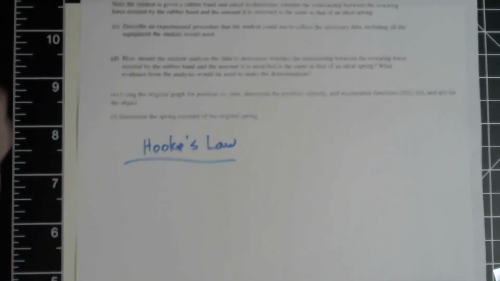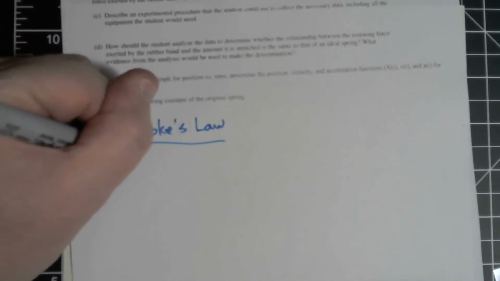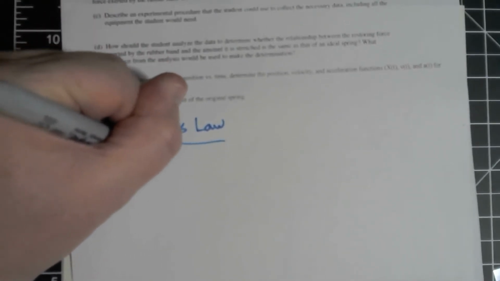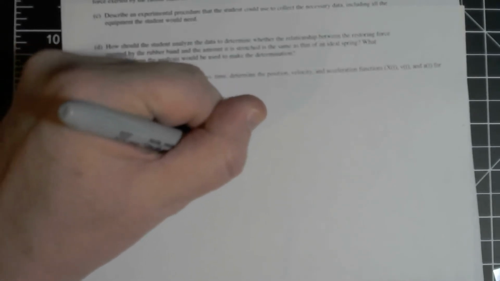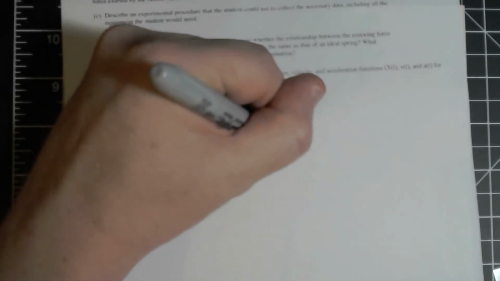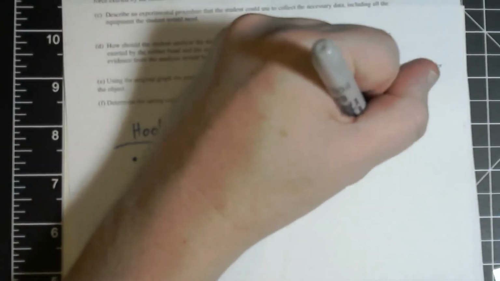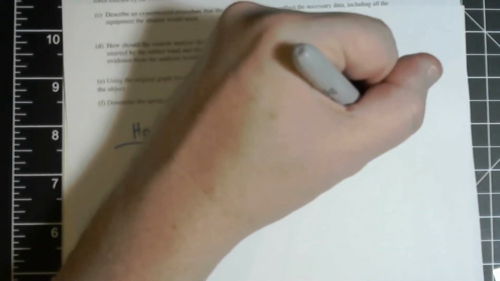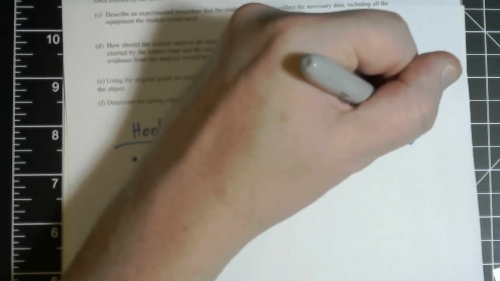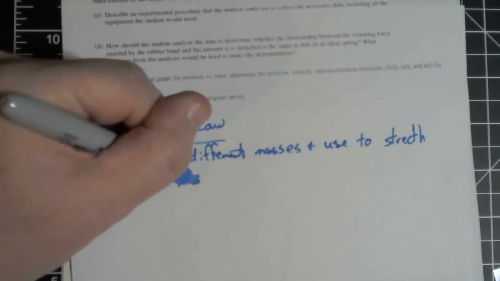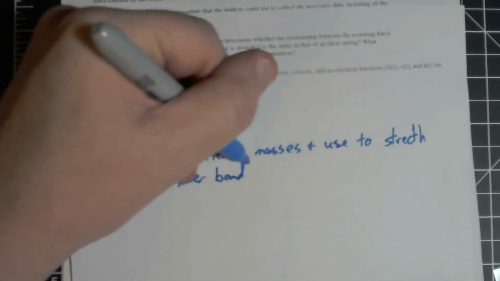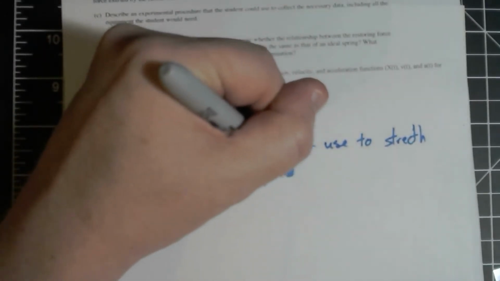And so in a roundabout way, just kind of a bulleted list, what I would do is I'd say I'm going to collect different masses, and use them to stretch a rubber band by hanging it on a ring stand.